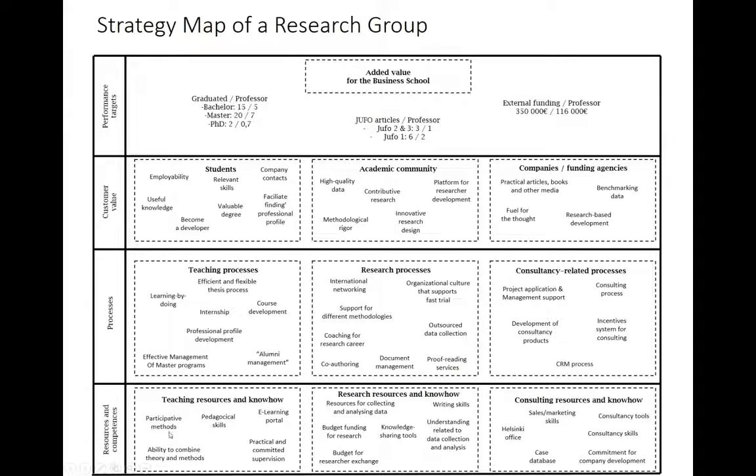And these teaching-related resources and competencies are utilized by these teaching processes and activities to create these types of values for students to achieve these targets in terms of graduation per professor. And all in all, of course, added value to the university and business school. So this is the strategic logic. So you see that the strategy map explicates the strategic logic.